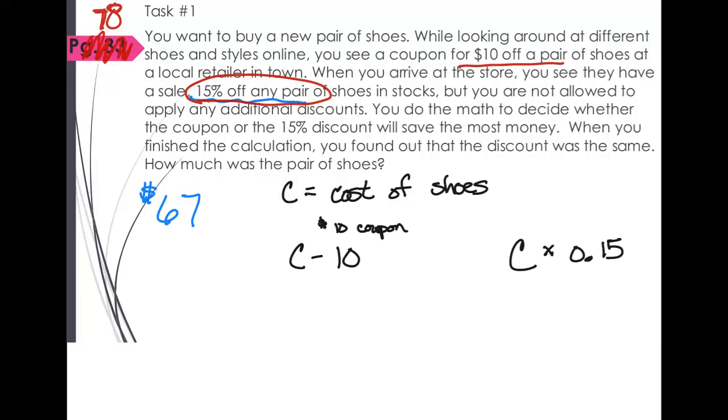Okay. Cost times 15%. What is this amount going to get me? What is that? We know C is the original cost of the shoes. If I take 15% of the shoes, yes, I can rewrite that to be mathematically correct, 0.15 times C. But what does that represent in the whole I'm trying to buy the shoes thing?